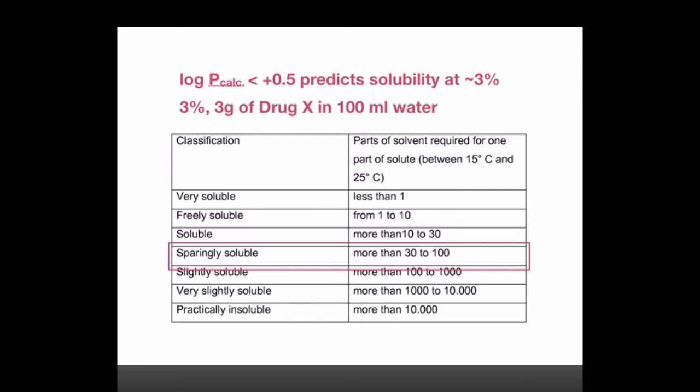At 3%, that would mean you take 3 grams of drug X and try to dissolve in 100 ml of water, and the table gives you drug X as being sparingly soluble. So Lemke's prediction, using the pi values to come up with the ClogP, would put drug X as sparingly soluble at 3% solubility.